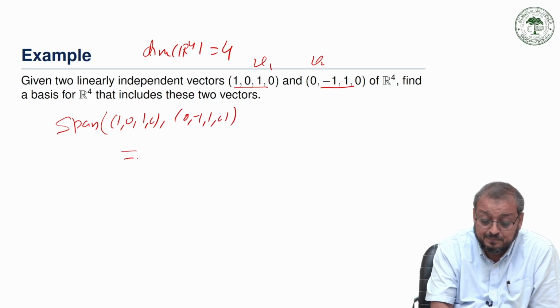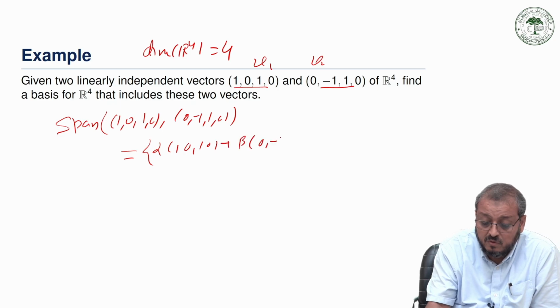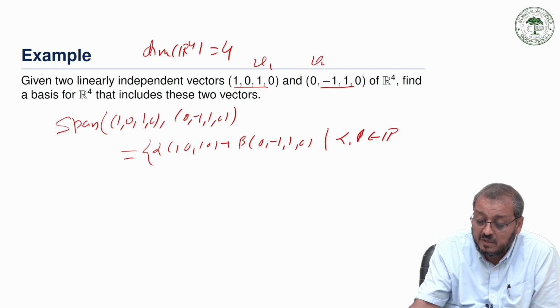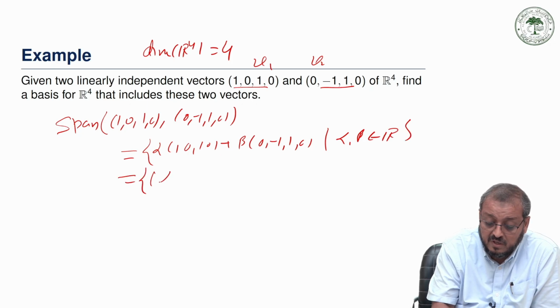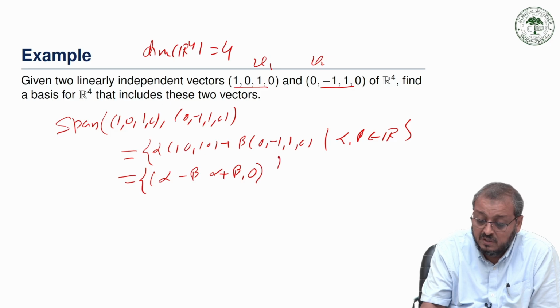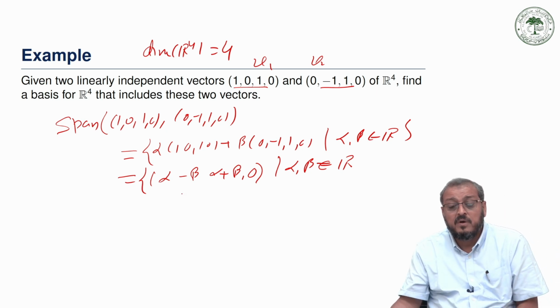The span of this is alpha times (1, 0, 1, 0) plus beta times (0, -1, 1, 0), such that alpha and beta are elements of R. This can be written as (alpha, -beta, alpha plus beta, 0), such that alpha and beta are elements of R. So this is the span of these two vectors.